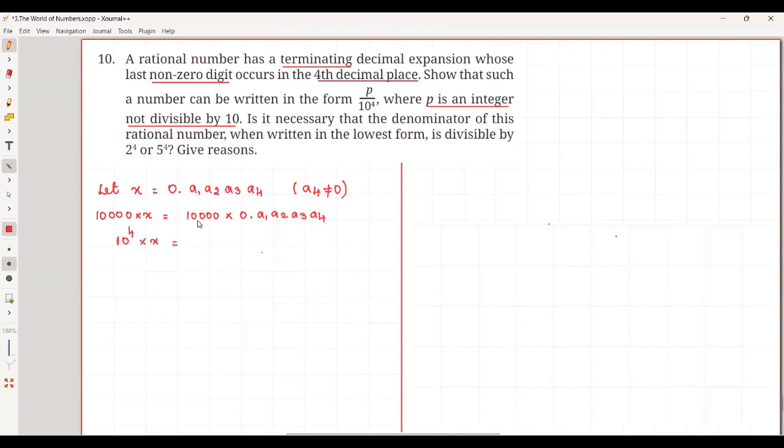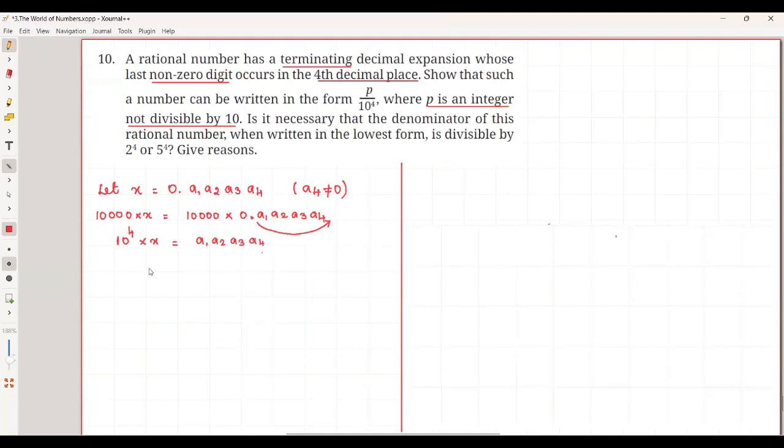If you multiply by 10,000, the decimal will move 4 places to the right, so you'll be getting A1, A2, A3, A4.